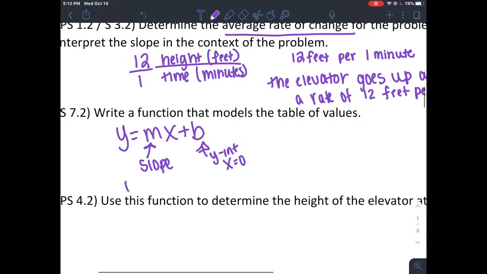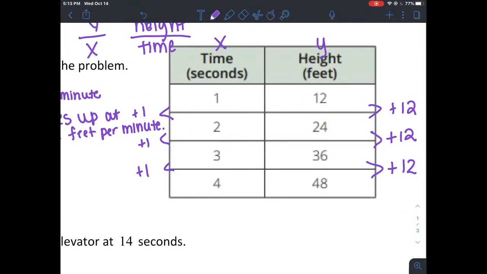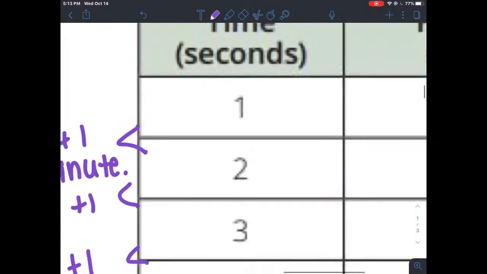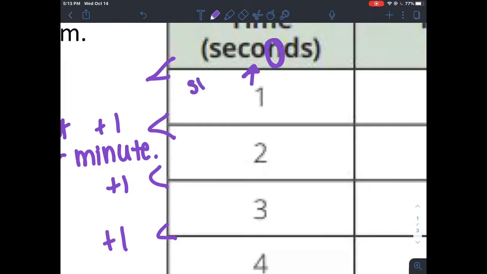We already have our slope, which is 12, so 12x plus b when x equals 0. So if I go to my chart, I actually don't have 0. I need to find 0. To go up, we had to add 1. To go down, I'm going to subtract 1, so I can get to 0.